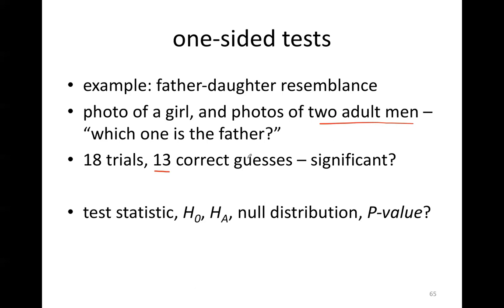So there are two types of outcome, correct or wrong, and our sample size is 18. Is this ratio of 13 to 5 more than expected by chance? That's our question. It's just like the toad example where we had 14 to 4 right-handed toads. Here we have 13 to 5 correct versus wrong guesses.